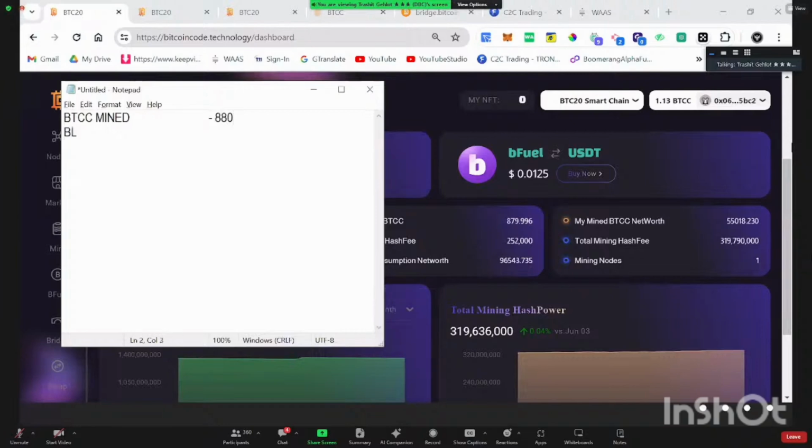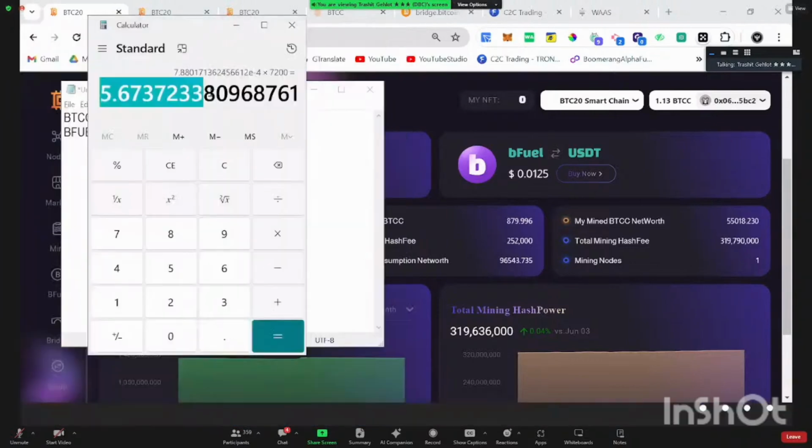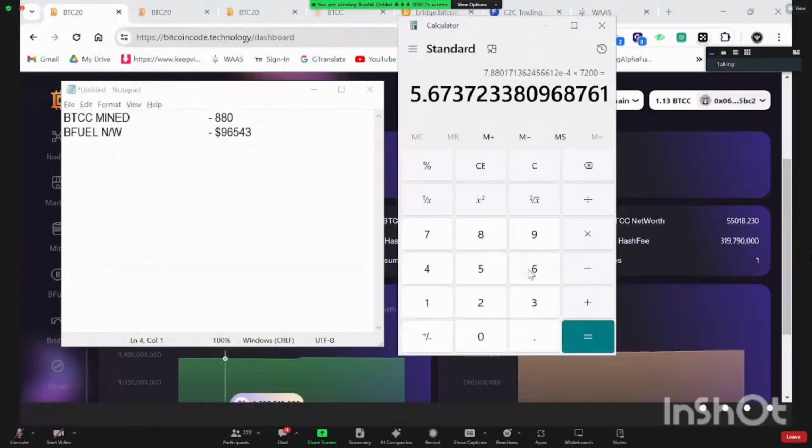And BTCC net worth is almost 96,543. So what could be my cost of mining? We can calculate this way: 96,543 divided by 880. So this is 109.